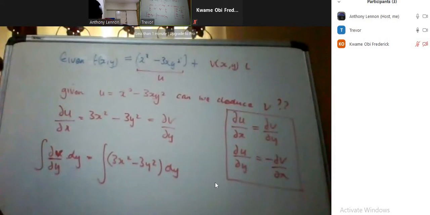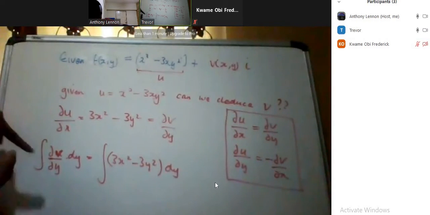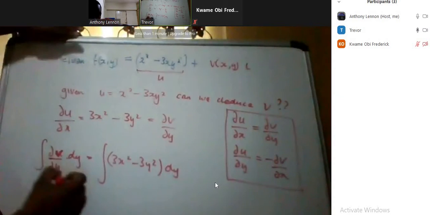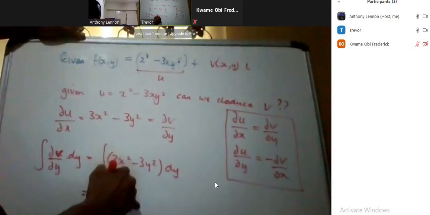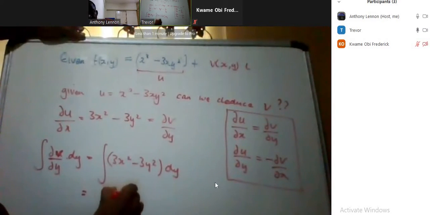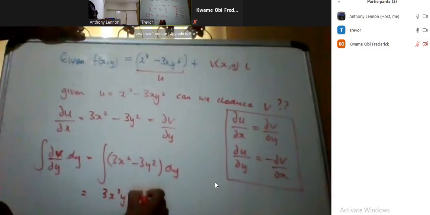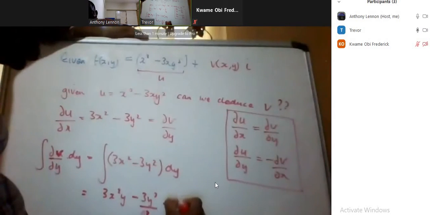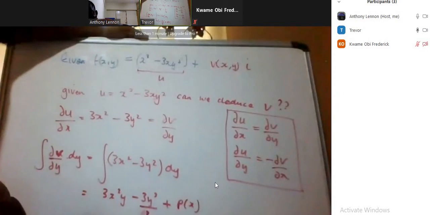Now remember, when you're differentiating with respect to one variable, the other variables are constant. So when you're integrating with respect to one variable, the other ones are constant. So this gives 3x squared y minus 3y cubed over 3, plus p of x.